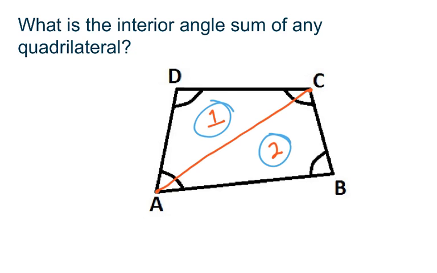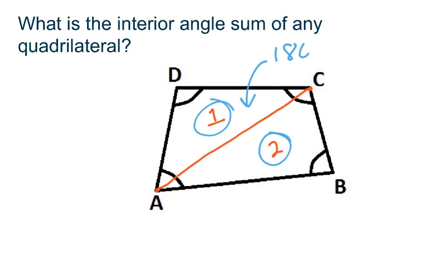What do we know about that? Well, we know that a triangle, like triangle ADC up here, has an interior angle sum of 180 degrees. We already have that information from our previous lessons. That means that ABC down here also has an interior angle sum of 180 degrees.